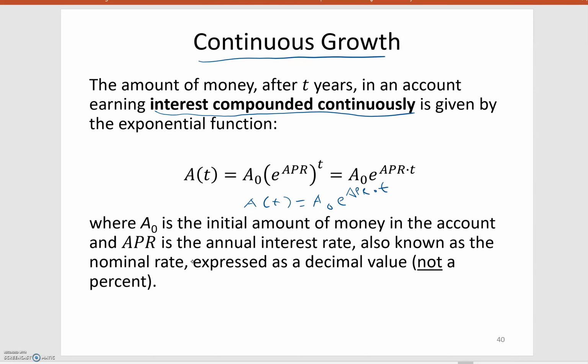There's something in here that you might not recognize, which is that e. A sub 0 is the initial amount of money in the account. APR is the annual interest rate as usual, also known as the nominal rate, and that's expressed as a decimal value, not a percent.